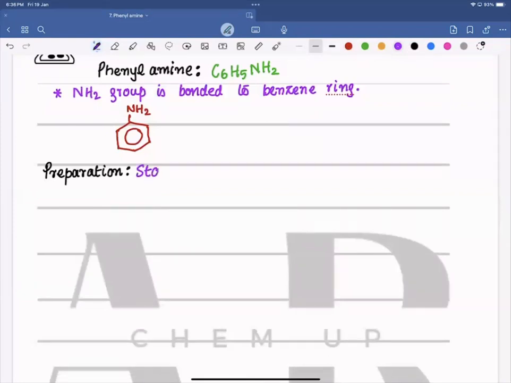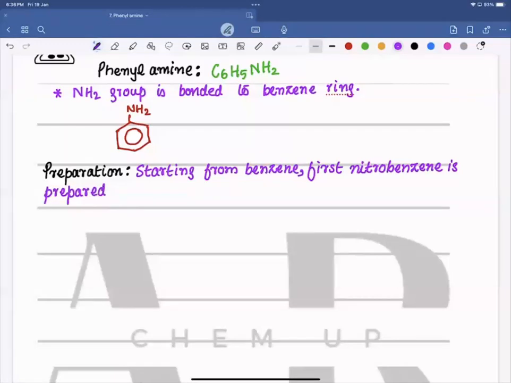So we can start from benzene. First, nitrobenzene is prepared.